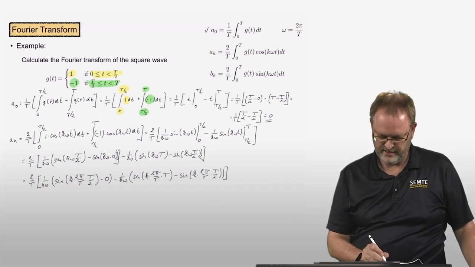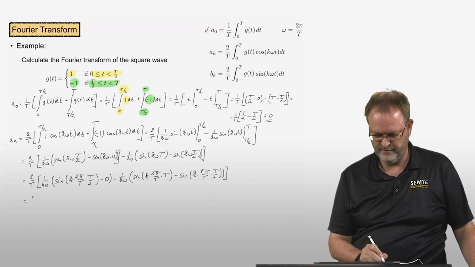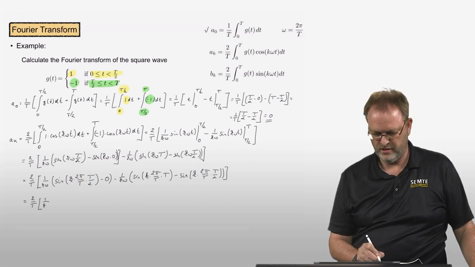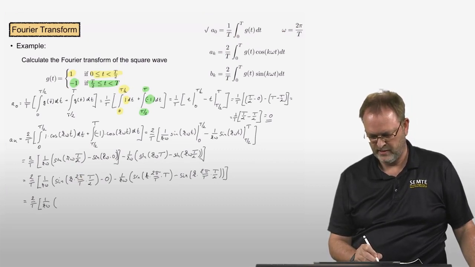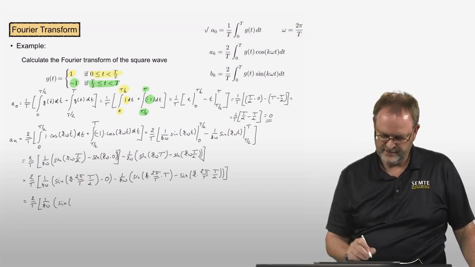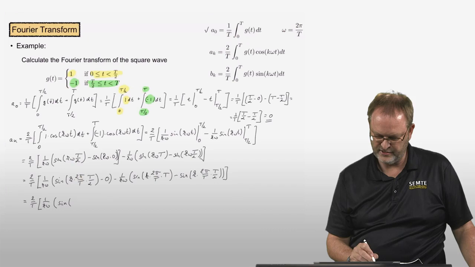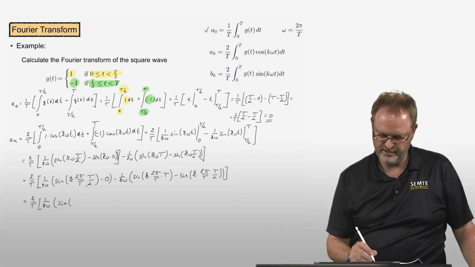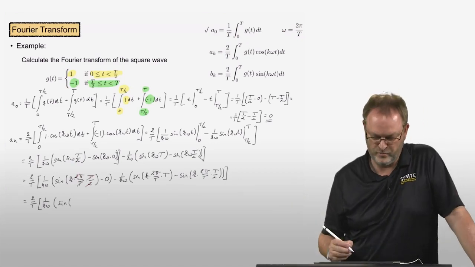And now this is equal to 2 divided by t, 1 over k omega times the sine of, okay, so let's look at this guy here. So there's a 2 and a 2. So these two here, the 2's cancel, and the t divided by t, they cancel as well.